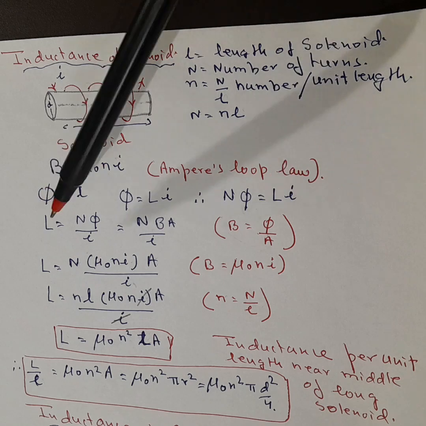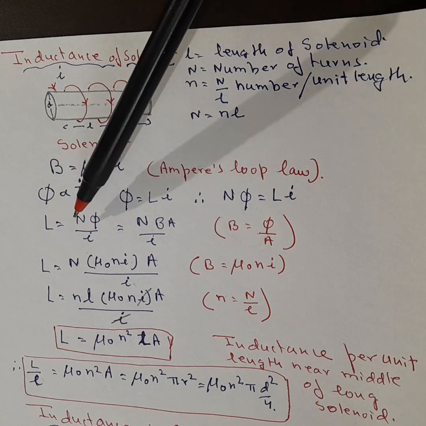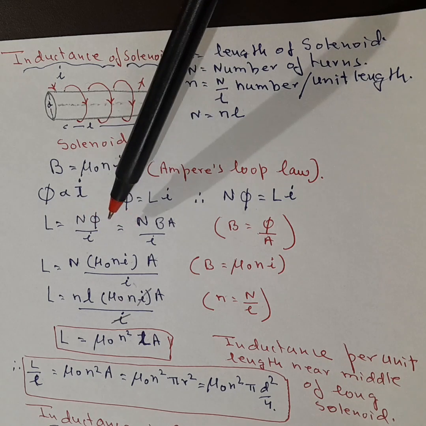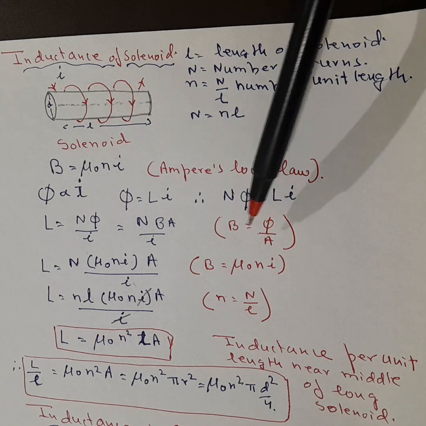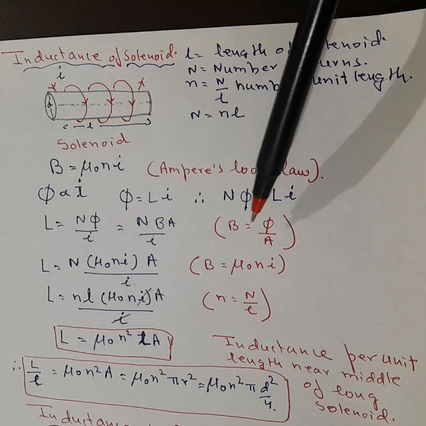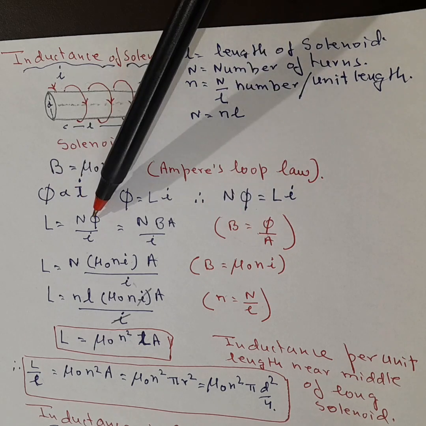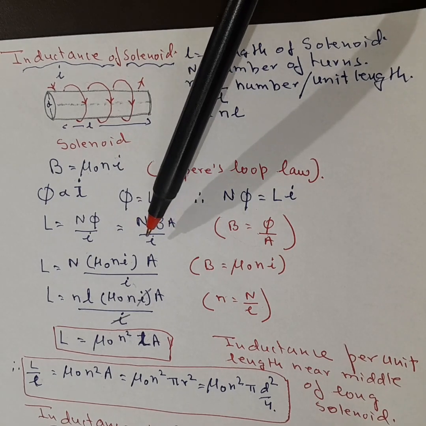So L is equal to N phi over I. We know that B is equal to flux over area, so flux is equal to B into A. We just substitute BA in place of flux, so N B A upon I.